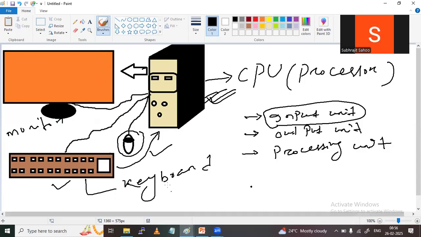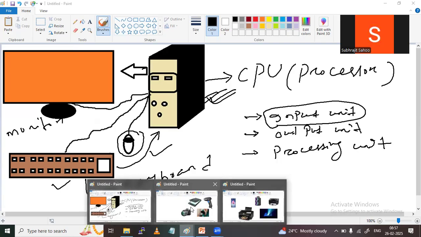In a computer system, these two input units are a must. But apart from these two, we use a lot of accessories with computers for several purposes, and among those accessories you will find several input units too.